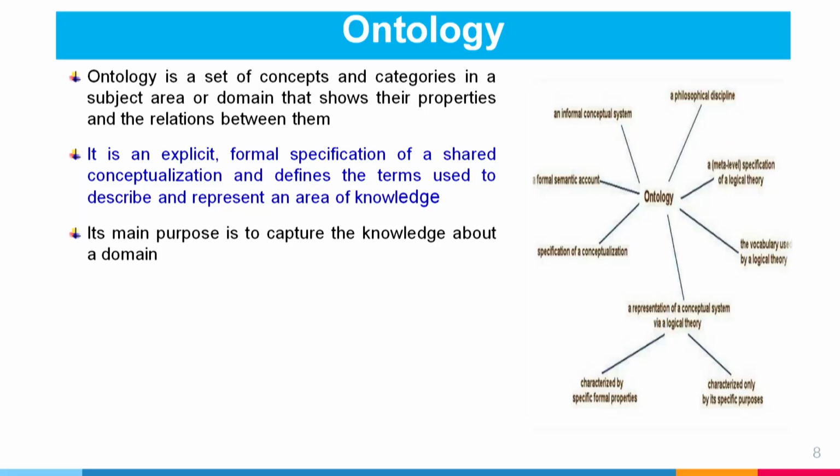So it always brings a particular domain knowledge in one place so that it is easy for you to understand what are the concepts which are associated with this particular domain. It also provides a set of machine readable statements so that it is easy for you to make effective information retrieval systems.